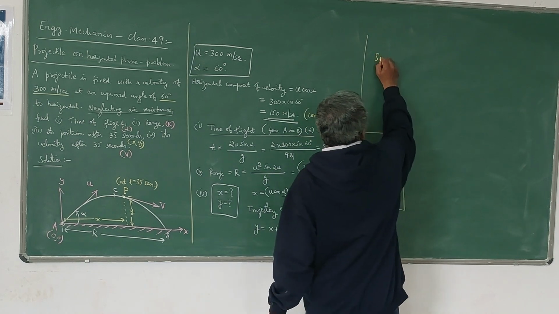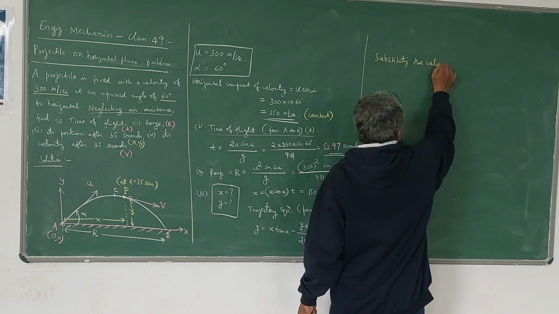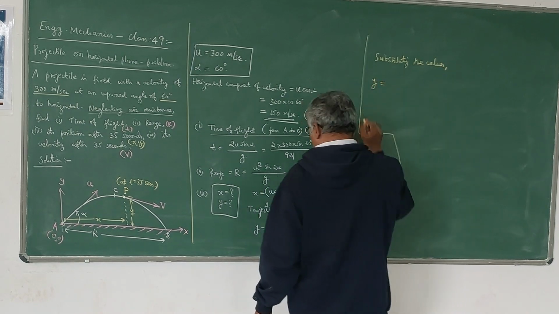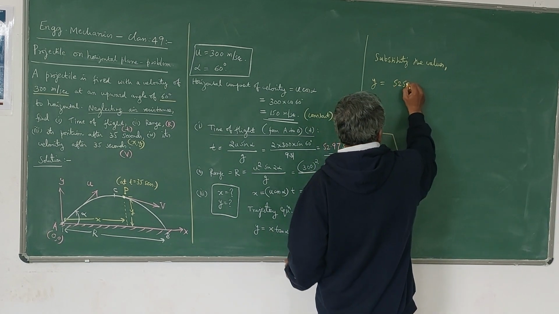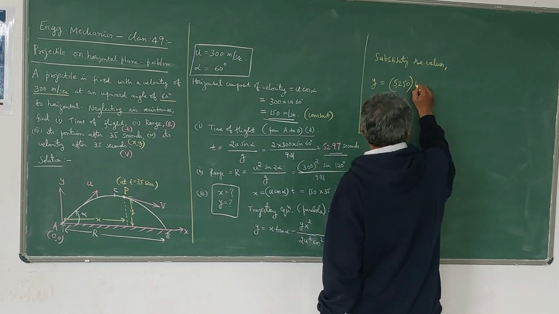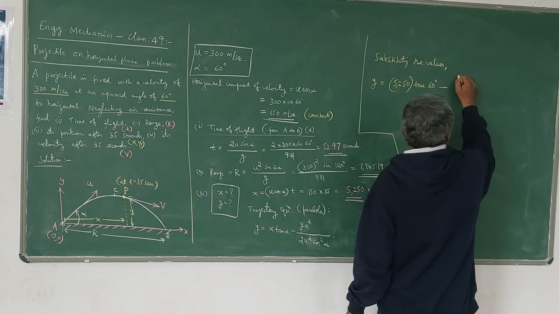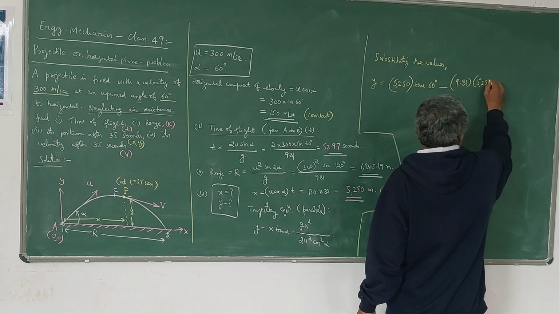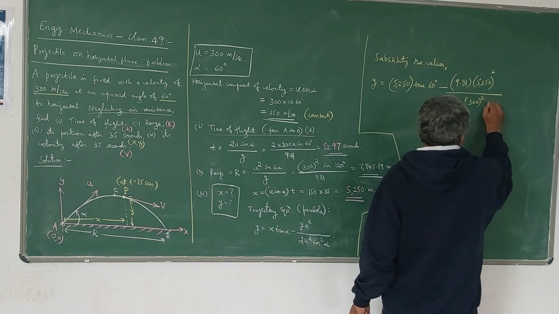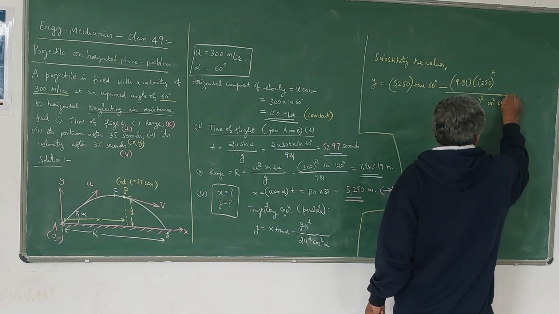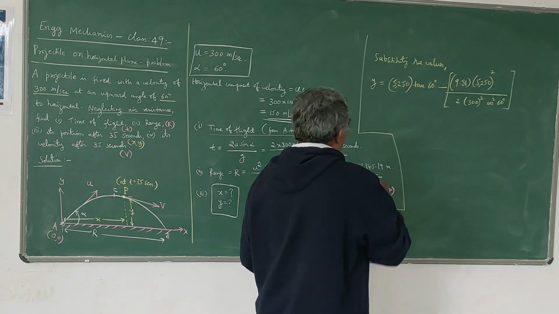So substituting the values, you will get y, the y coordinate, that is the ordinate, is equal to x, 5,250, into tan 60 degrees, minus g, 9.81, into x square, 5,250 square, divided by 2 times 300 square into cos square 60 degrees. So this is the equation you are going to get. Now if you simplify this, you get the value of y in meters.